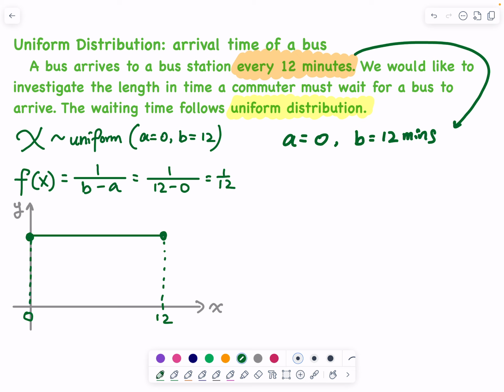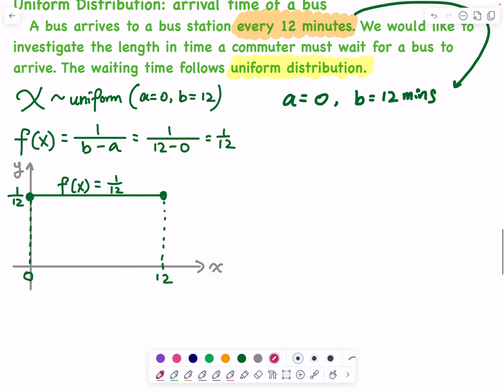And what does this horizontal line represent? This horizontal line represents f of x equals 1 over 12. The height of this rectangle is 1 over 12, but the dashed line is not part of the graph. How do you know that this probability density function, PDF, is correct?